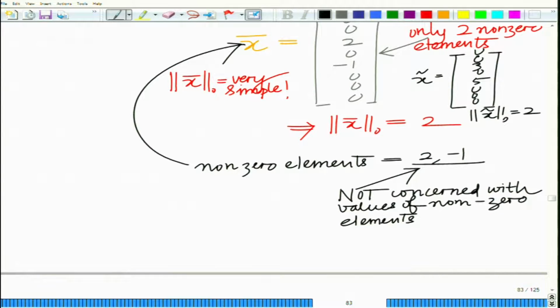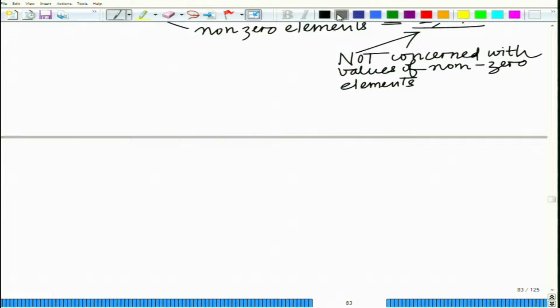We are only concerned with the number of non-zero elements. That is the most interesting thing about the L0 norm, and that is what makes this problem very complex.